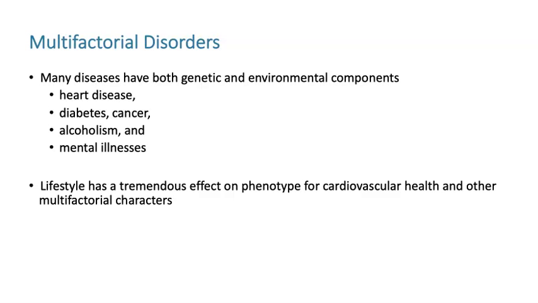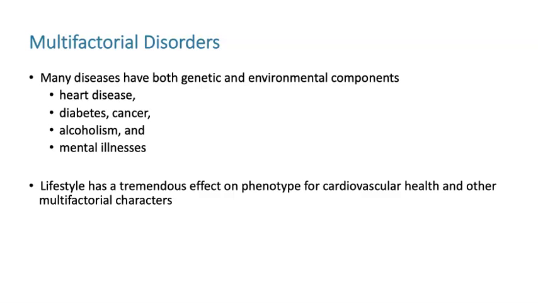Same thing for diabetes. There is a genetic aspect to it, but if you have a diet high in sugar, then you're more likely to develop diabetes. Cancer, same thing. There are genes associated with cancer. We're very familiar with the ones that cause breast cancer, but you can get breast cancer also by smoking, and other environmental conditions can cause this.